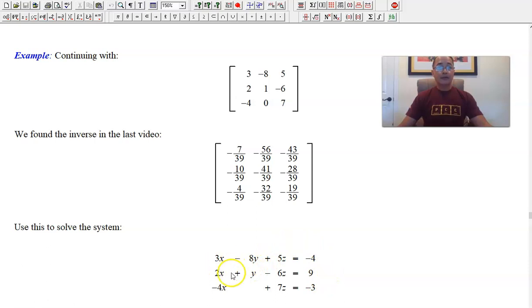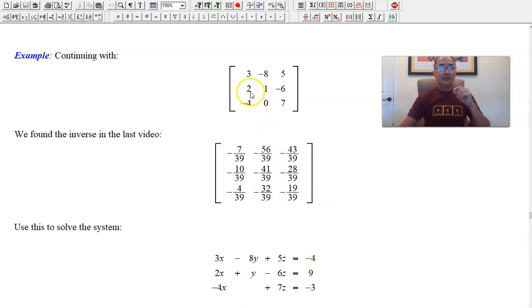Now, of course, these numbers here are exactly the entries in our matrix that we just inverted. So we have 3, minus 8, 5: 3x minus 8y plus 5z equals something. So the theorem said, it doesn't matter what you put on the right side of this system, that system will be solvable. And we have a formula for the solutions.